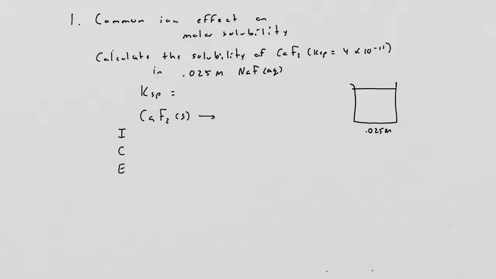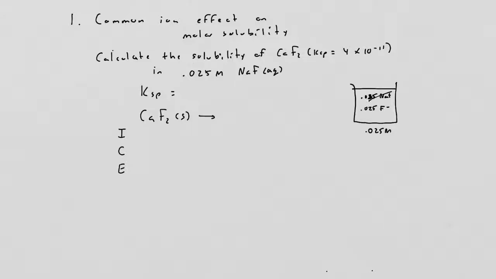Essentially, the dissolving process goes to completion unless the solution is saturated. Group 1 metals can make pretty concentrated solutions, so sodium fluoride or chloride or any group 1 halides are going to be very soluble. So basically, you can assume that you have 0.025 molar concentration of Na+ and 0.025 molar concentration of F-.